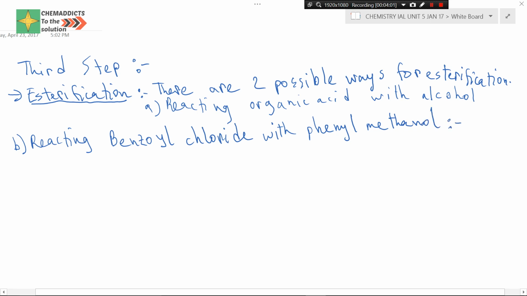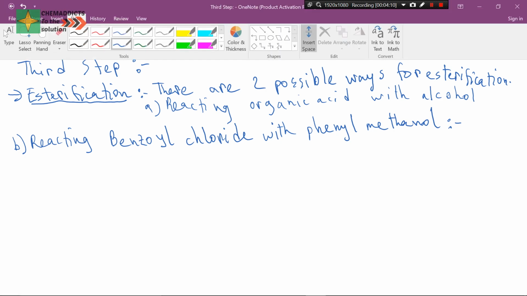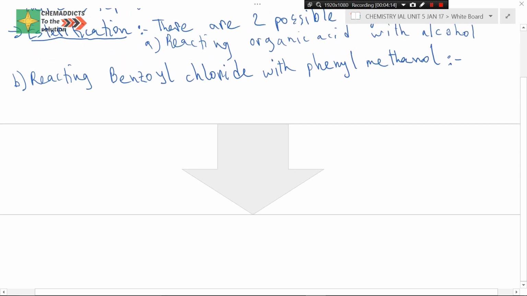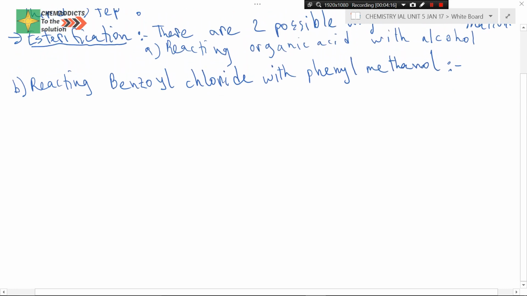So let's start. Reacting benzoyl chloride with phenyl methanol.